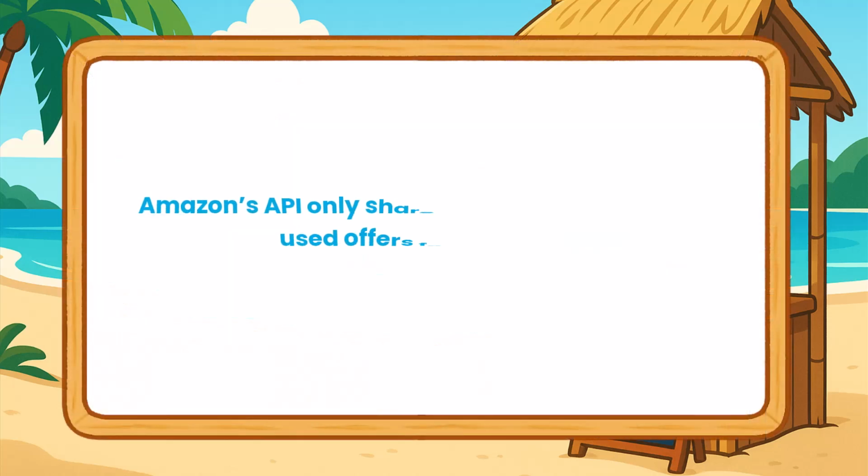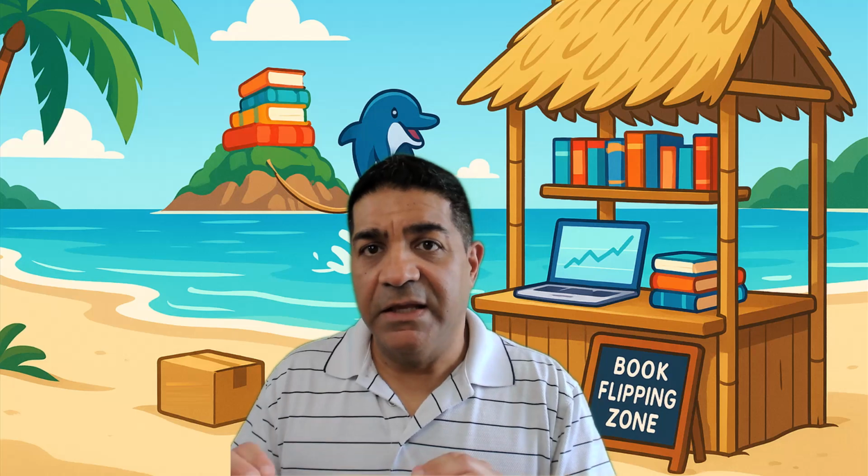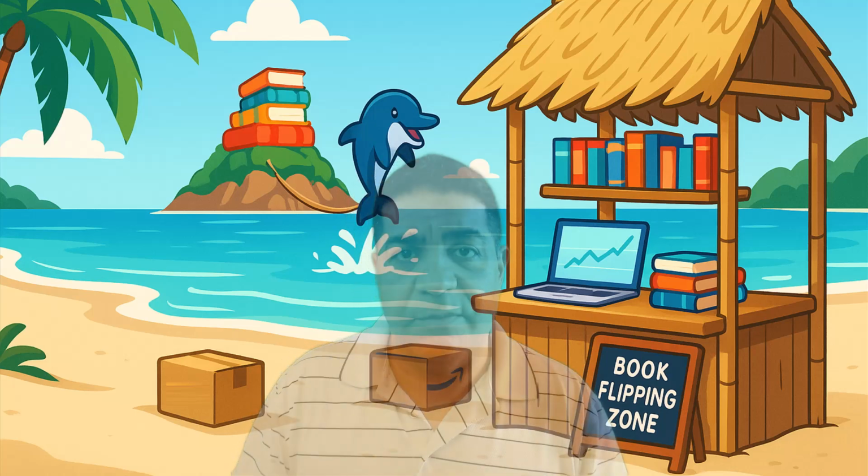Amazon's API only shares the 20 lowest prices for used offers. They do the same with new, but since book flippers are primarily doing used books, we're going to focus on used. So Amazon only shows the lowest 20 offers to third-party repricing tools, and they all operate this way when they try to automatically reprice your books.